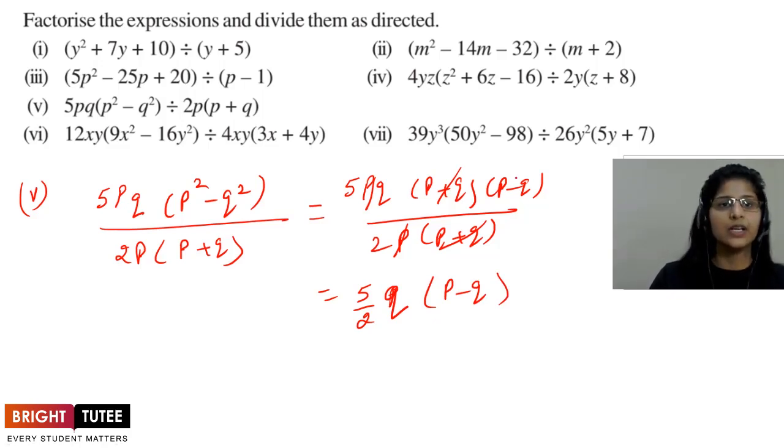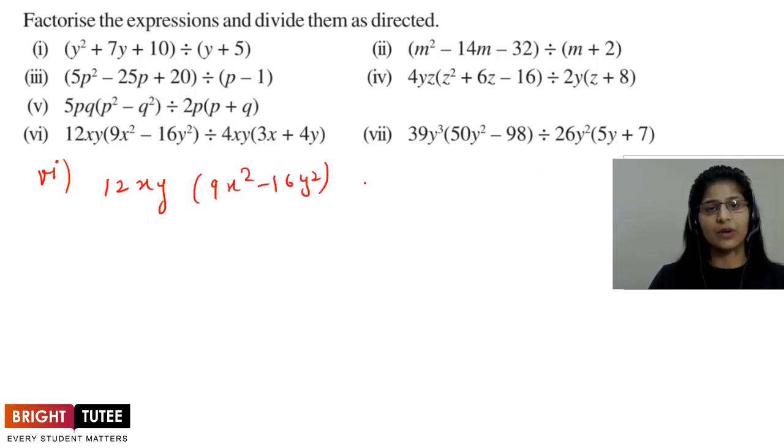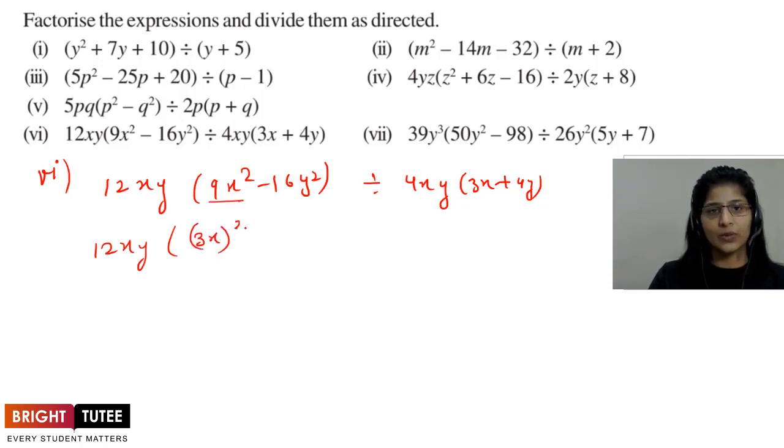Clear? Okay, let's try the sixth part now. In the sixth part of the question, students, we have 12xy, then we have 9x square minus 16y square, and we have to divide it with 4xy into 3x plus 4y. So let's first factorize it. So 12xy, 9x square can be written as 3x whole square, and 16y square can be written as 4y whole square.